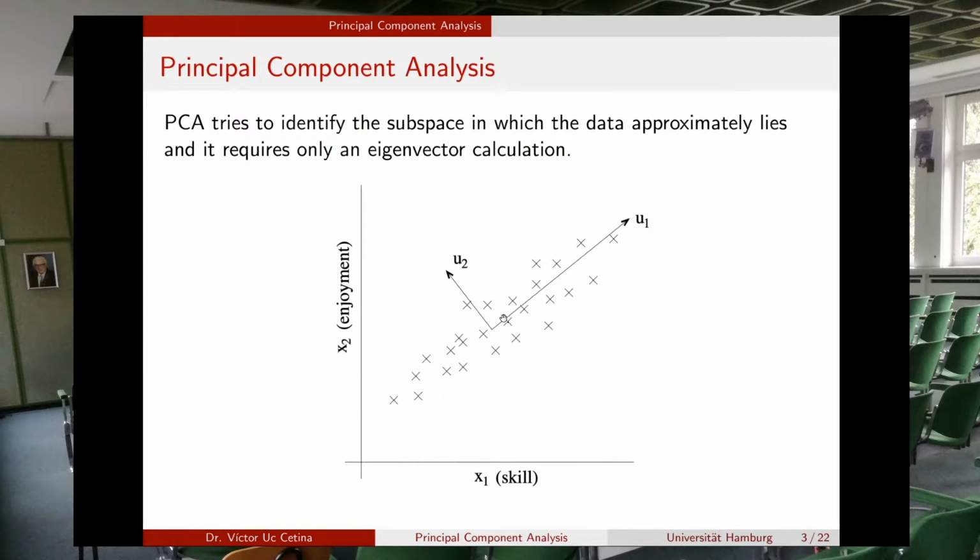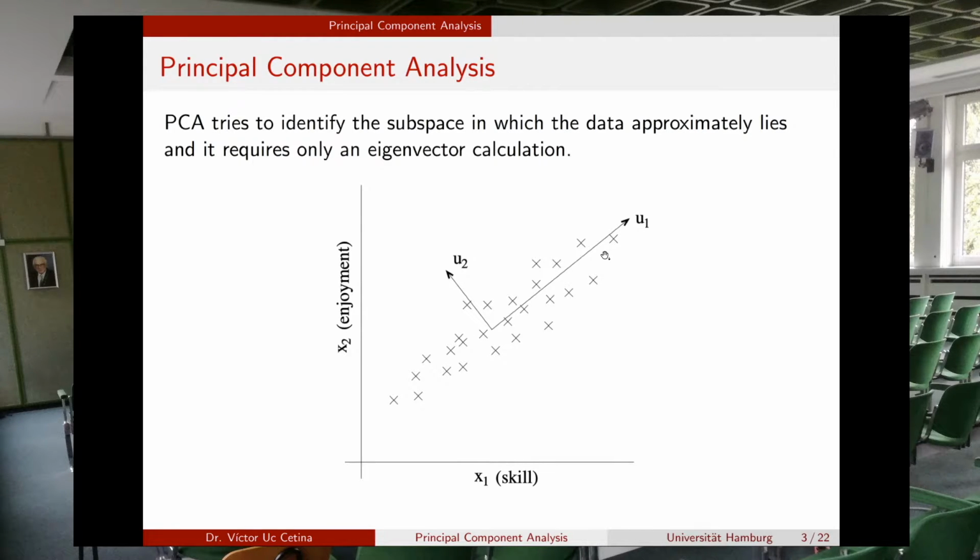For example, this direction may represent the relationship between the degree of skill and how much enjoyment the person has. And the idea of finding this direction is that we hope that maybe in this direction the dataset is easy to understand, and maybe it is easier to find patterns in this direction or directions.